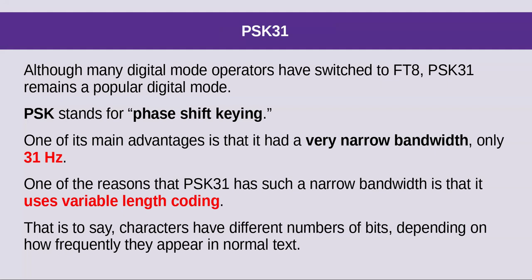Instead of being ASCII, where everything is a fixed length, the most commonly used characters in Varicode are the shortest ones. So instead of a fixed length code, it varies from a couple of bits up to 9 or 10, so fairly long for some of the weird stuff that you never use.